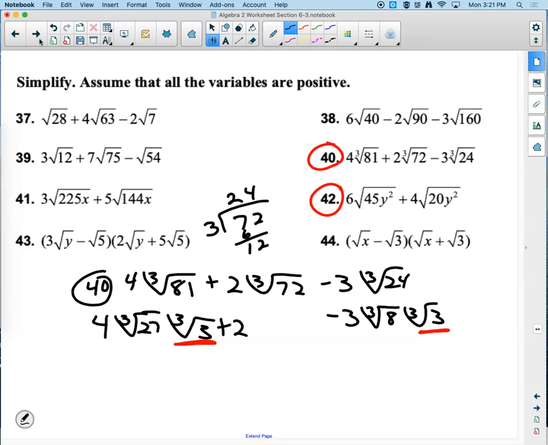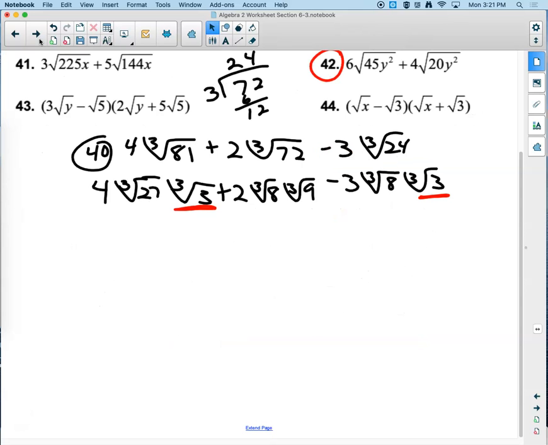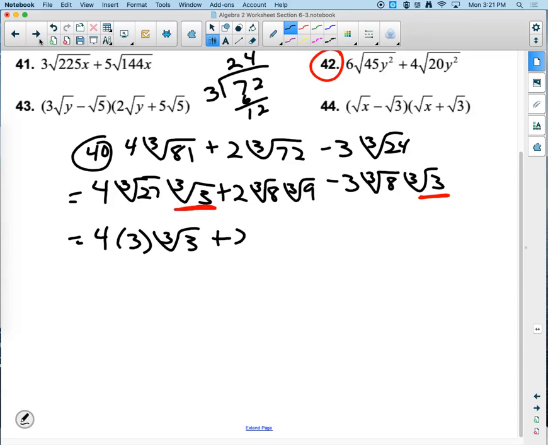So I start thinking cubed root of 72, and I realize, well, that's cubed root of 8 and cubed root of 9. So I can still simplify it, I just can't add or subtract it with the other like terms. So now we have a 4, and the cubed root of 27 is a 3, cubed roots of 3. And the cubed root of 8 is a 2, cubed roots of 9, minus 3, and the cubed root of 8 is a 2, and the cubed root of 3.